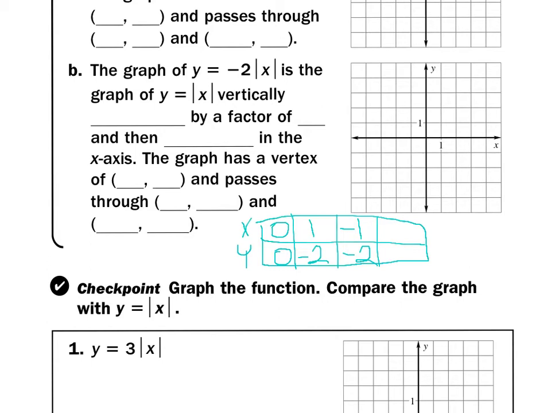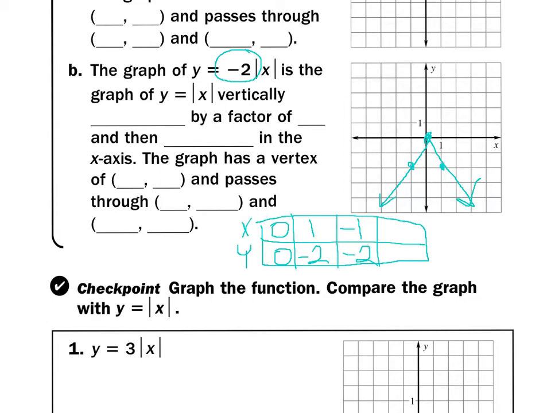So if I graph this, 0, 0 again, and then 1, negative 2, negative 1, negative 2. It goes down this way. Notice that it's a reflection of what we usually see, because this a is negative. So the negative sign on a flips it upside down.